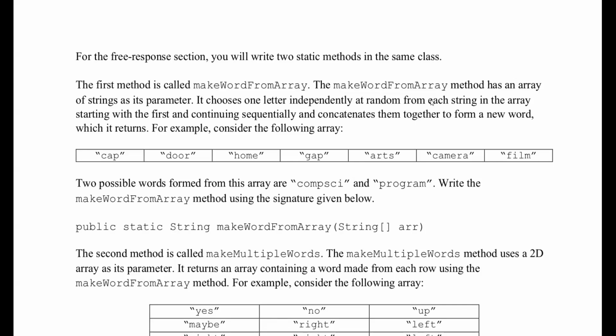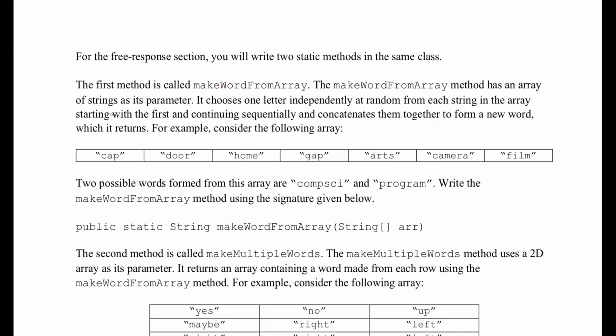All right. So let's get started. In this problem, for this previous section, you need to write two static methods. The first one is called make found array. So what does the method do? This method has an array of strings as a parameter, and it chooses one letter independently at random from each string in the array, starting from the first and continuing sequentially.